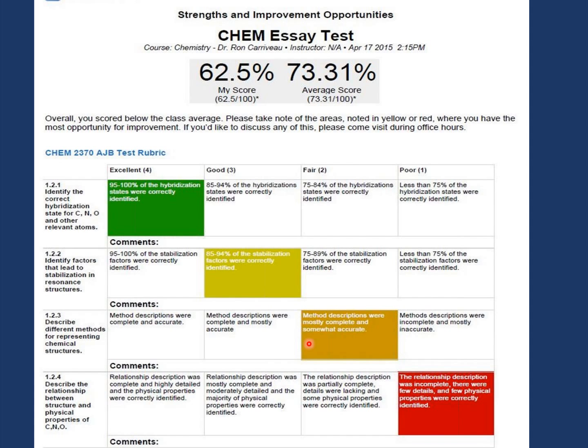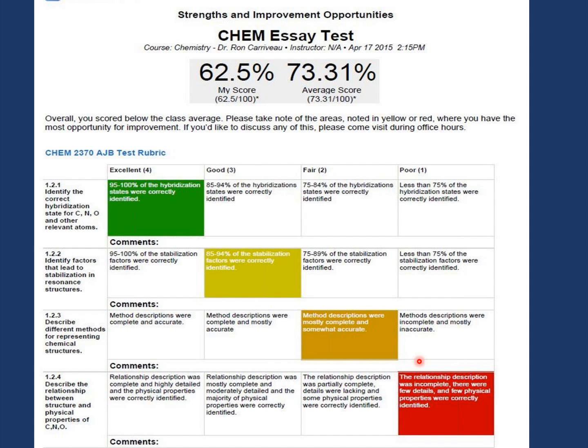And then similarly, an essay test. We just wanted to show that you could do sort of the same thing and show sort of the same improvements. And the students can see this report too. This is the strengths and improvement part for the essay, and they can see where they're weaker and where they're stronger.